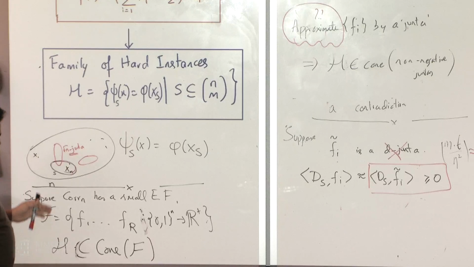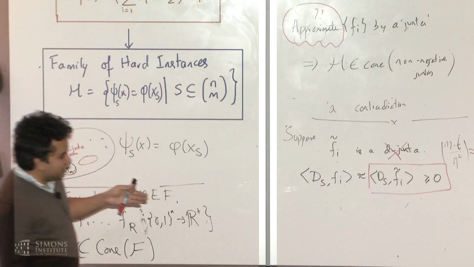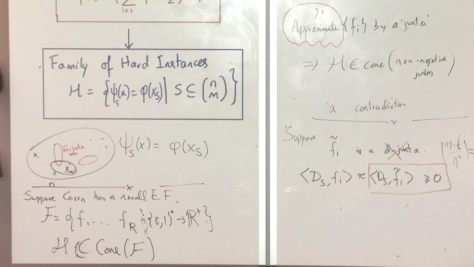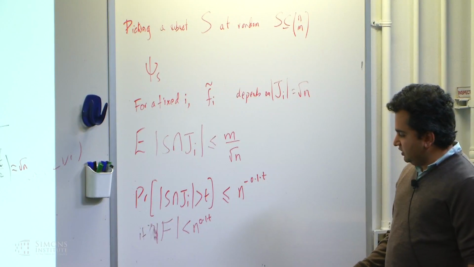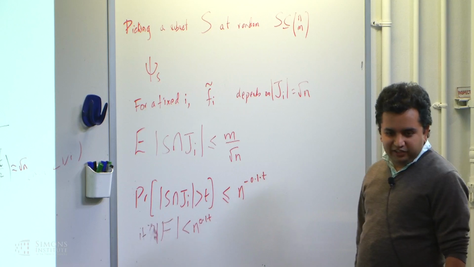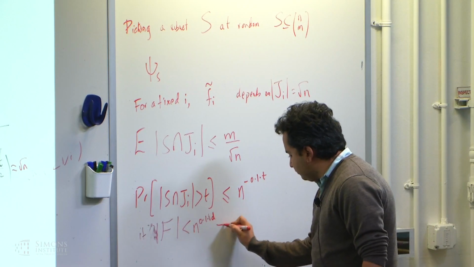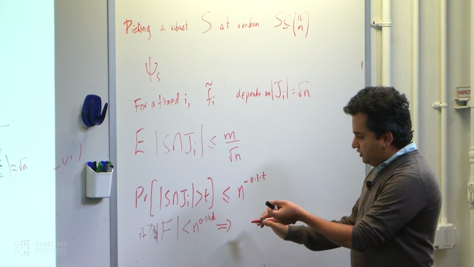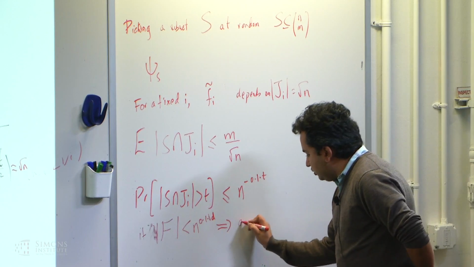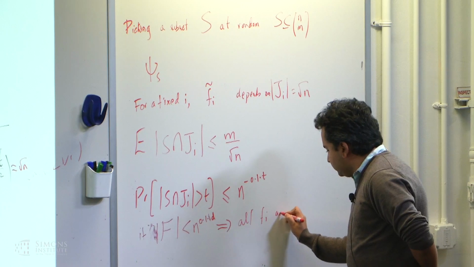You can apply a union bound over all the functions and say that if the size of the family is smaller than n to the 0.1 t, then there's a good chance that all of them are d juntas. Let's say I use d here, n to the 0.1 d, then restricted to the set that you chose, all Fi are d juntas.